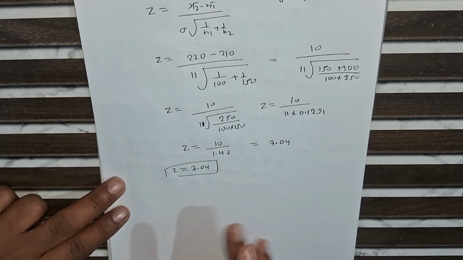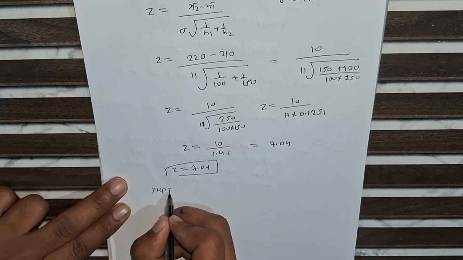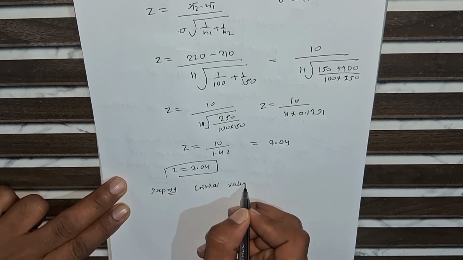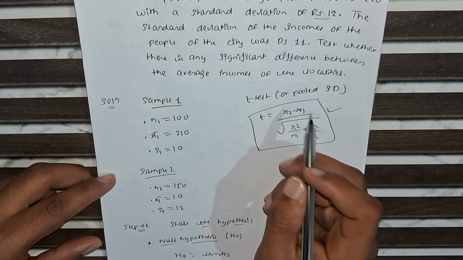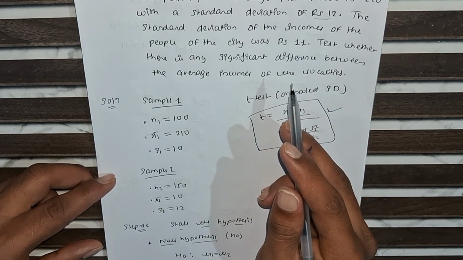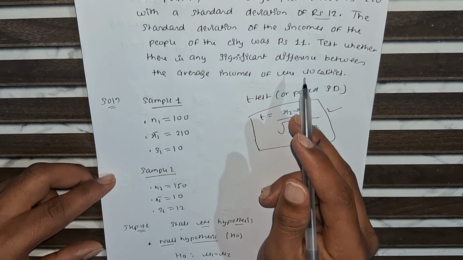Step 4 is the critical value. In the question, it is not asked at what percent we have to find the significant difference, so we consider the 5% level of significance.